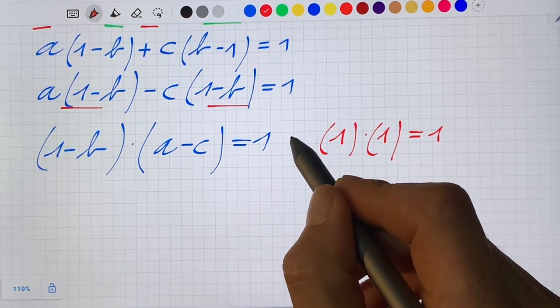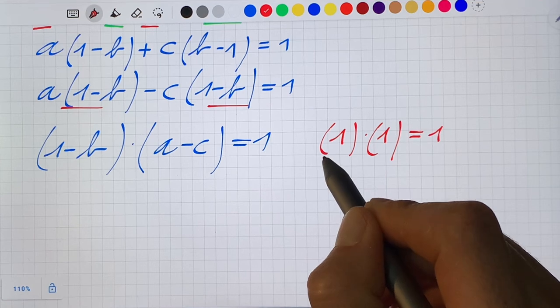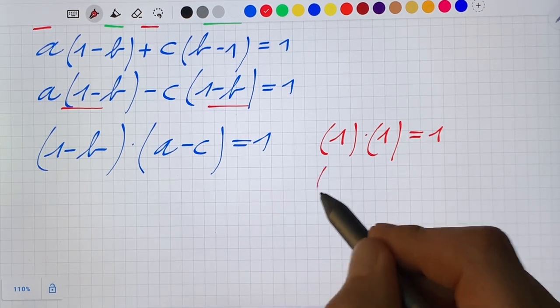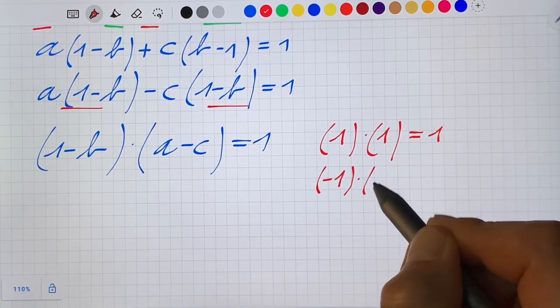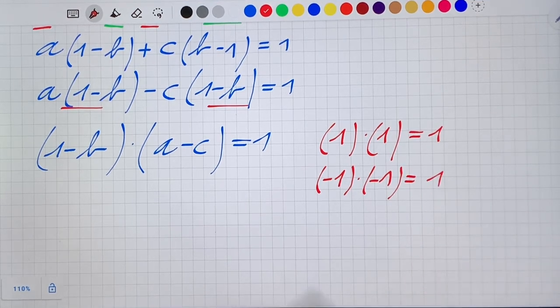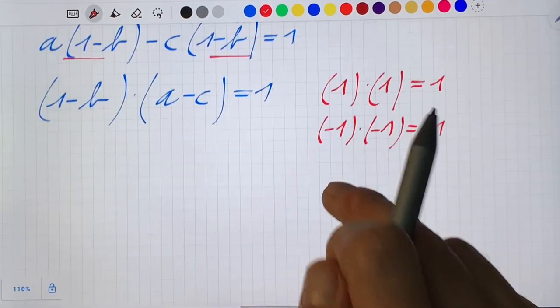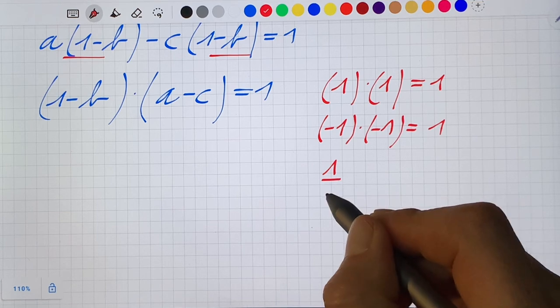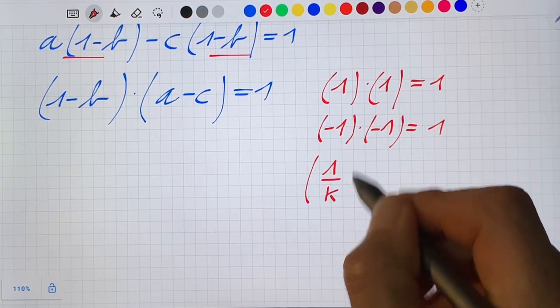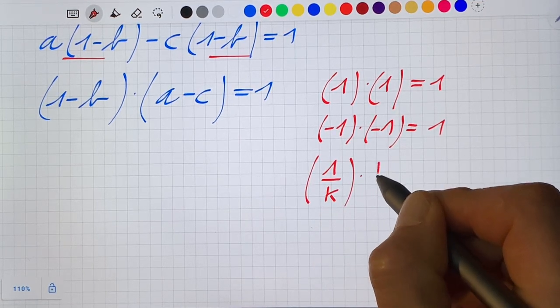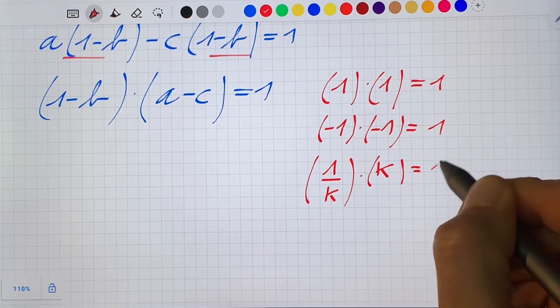This is the first case. Second case, minus 1 times minus 1 is equal to 1. Third case, 1 over k times k is equal to 1.